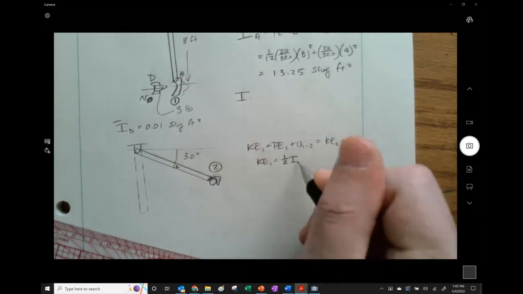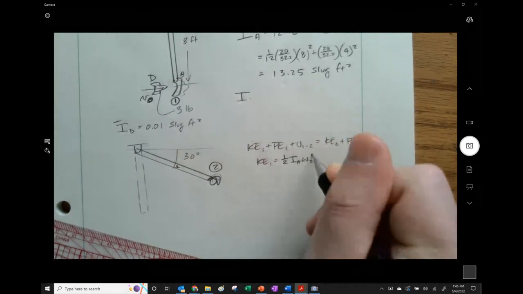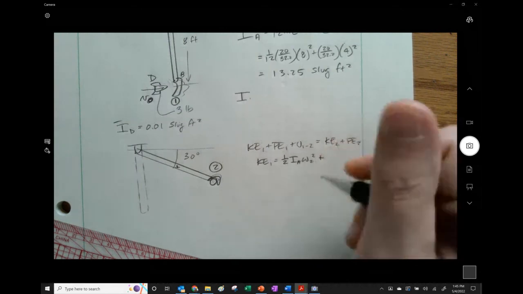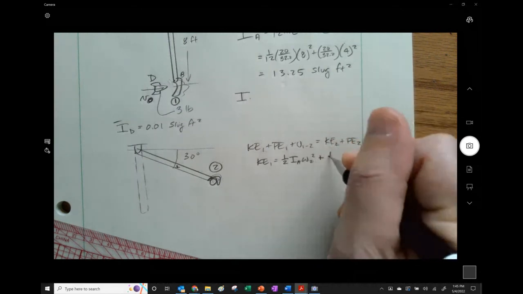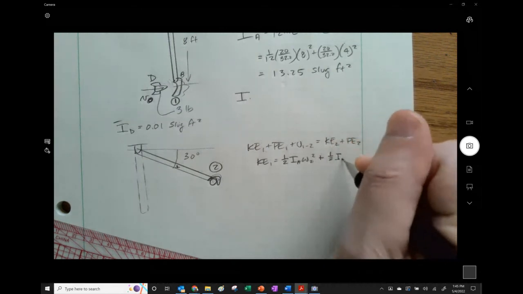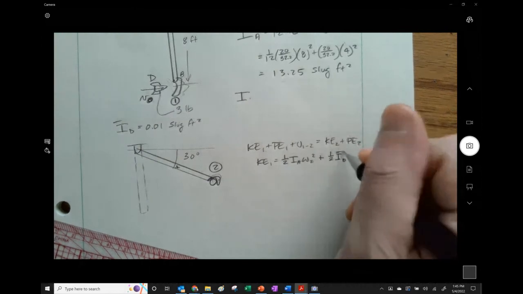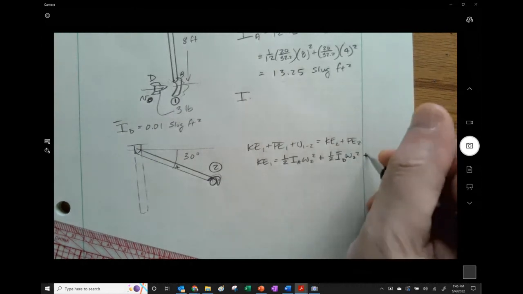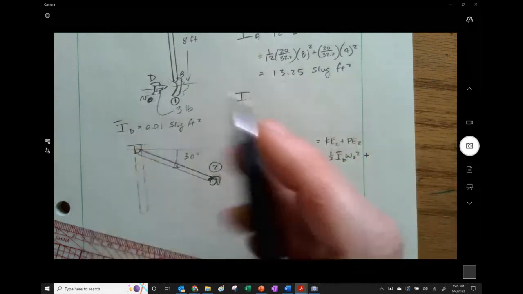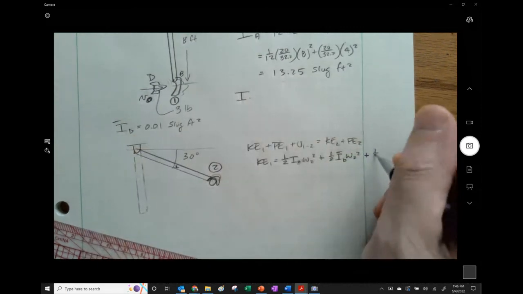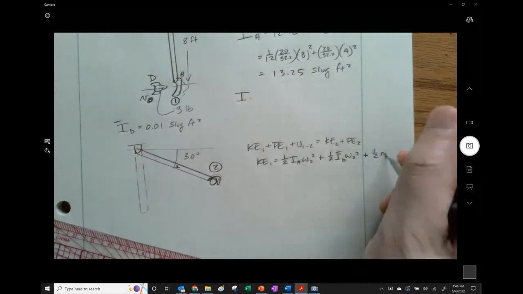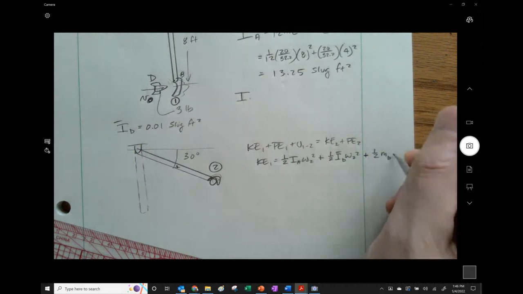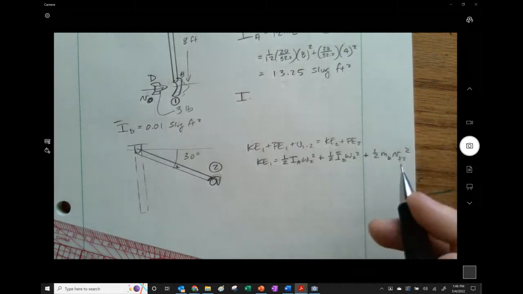1/2 I_A omega 2 squared plus 1/2 I_D omega 2 squared, but we also need to have his velocity, so he's 1/2 m_D v_D2 squared. All right.